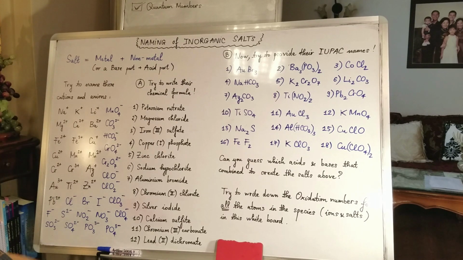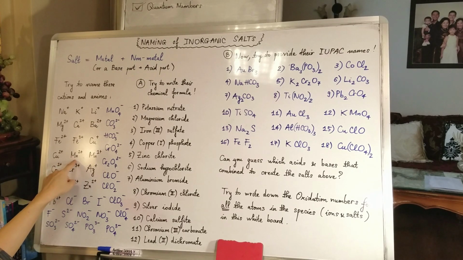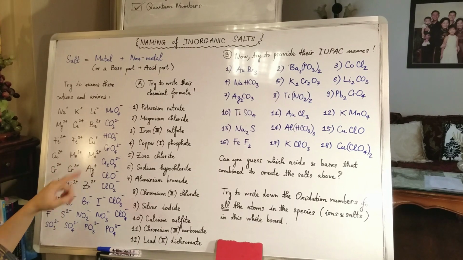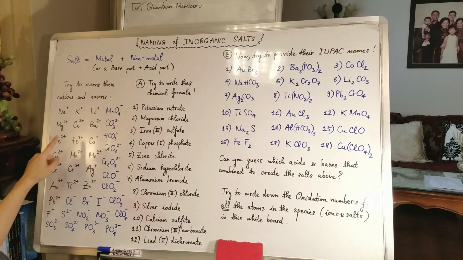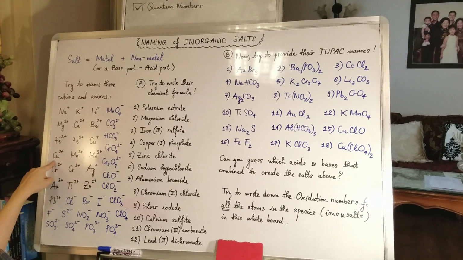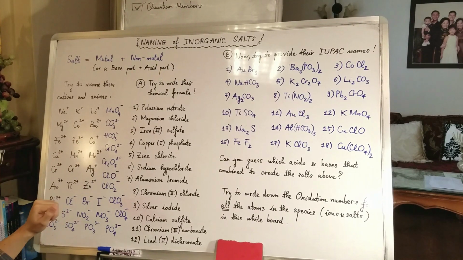That's right. So what are these things called? It's manganese 2. How about this one? Yes, it's copper 1. It's a copper 2 ion. This one?